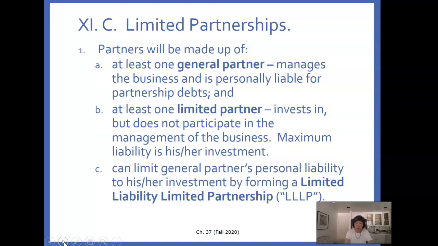In addition to the one general partner, there has to be at least one limited partner. This limited partner is an investor in the business. He or she does not participate in the management of the business. His or her maximum liability will be his or her investment in the partnership.